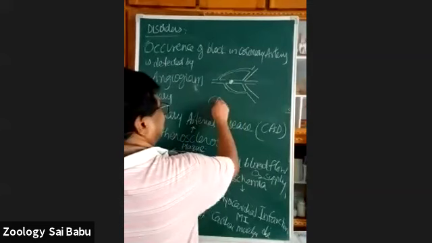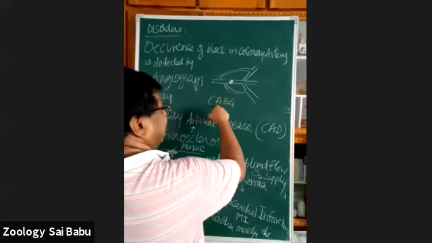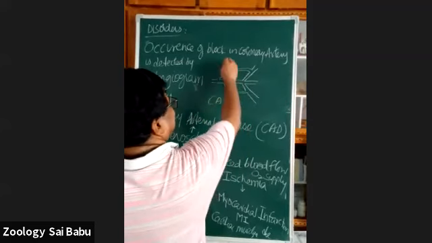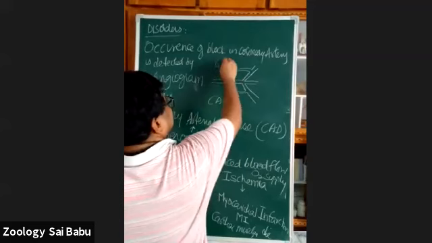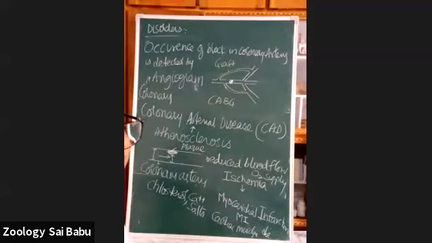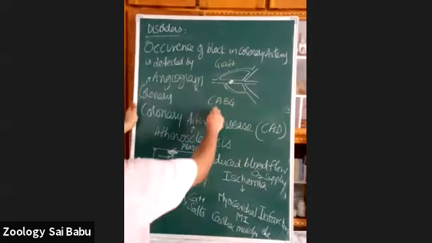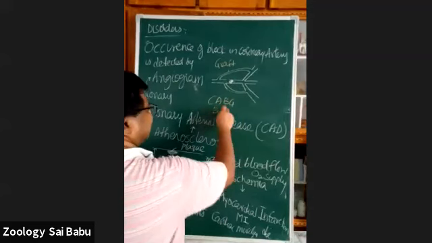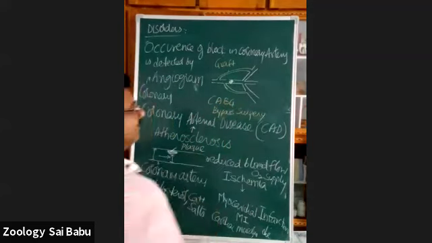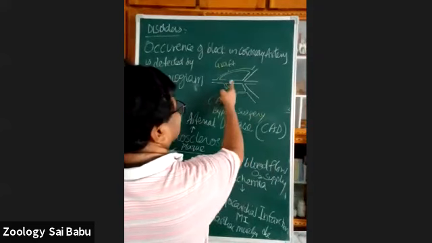This is called CABG, coronary artery bypass graft. This is called a graft. Coronary artery bypass graft, which we call bypass surgery.